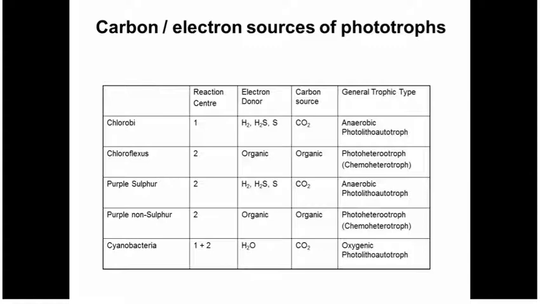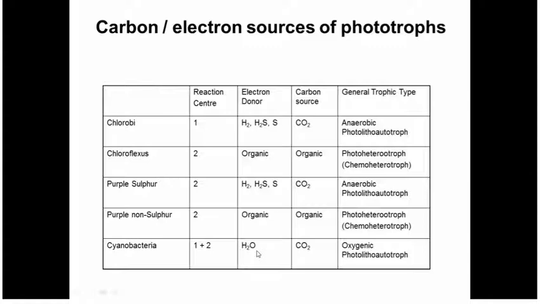So these photosynthetic bacteria could evolve from something else, because they already had a metabolism that worked. And if you add photosynthesis on, they get a competitive advantage. And then, cyanobacteria, they are oxygenic photolithotrophs. They manage to get electrons from water.